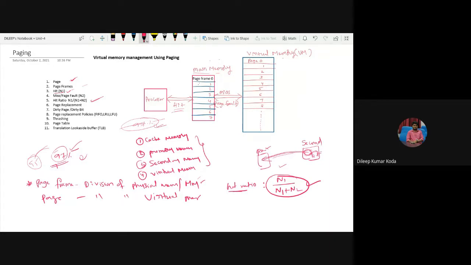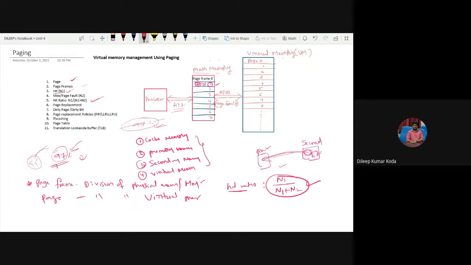Now, whenever there is a miss, the processor does not only get the missing data, it will copy the entire page. For example, we have information stored in the main memory, say 100 files stored in page frame number 1, and the processor wants to get this page frame 1 information.